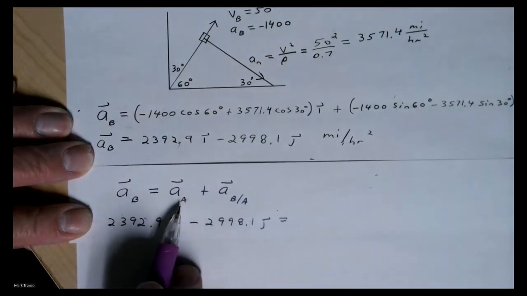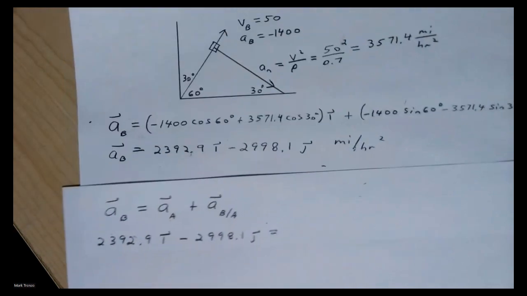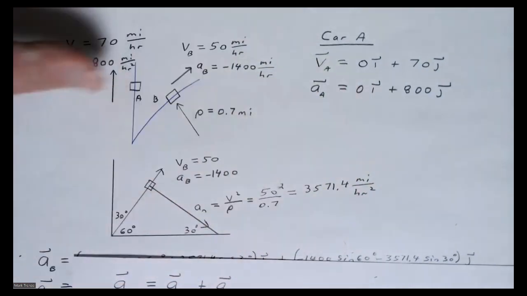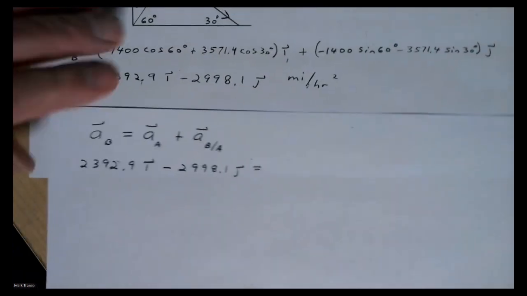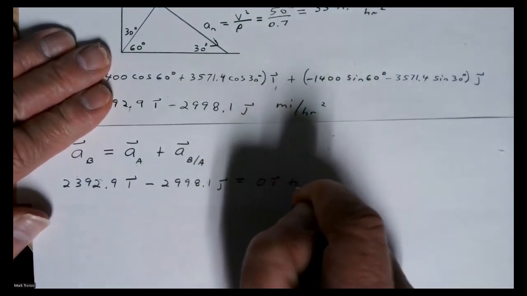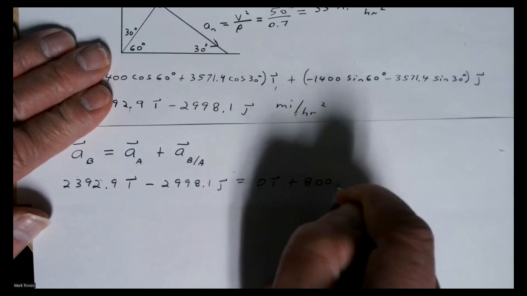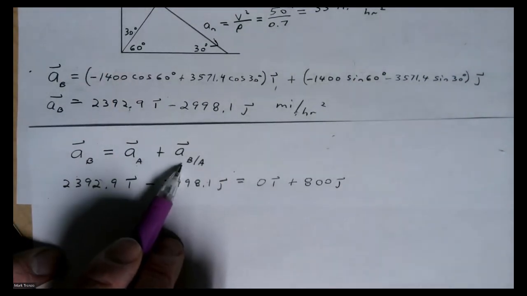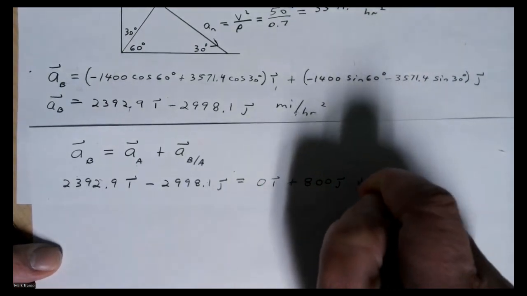And that's equal to acceleration of A. Remember, we found the acceleration of car A up here. It was 0 i plus 800 j. And then our unknown is acceleration of B with respect to A.